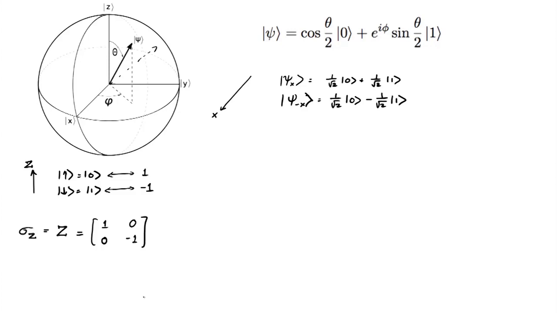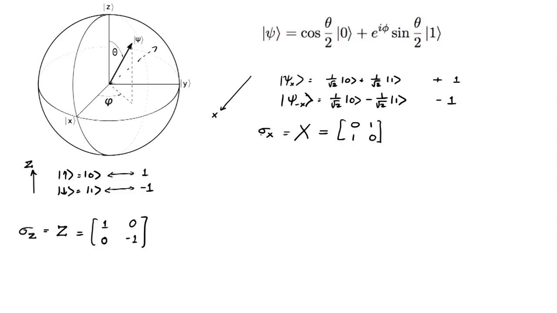And so we want to design an observable which has these as the eigenvectors with eigenvalue +1 and -1 respectively. Well, we've seen this before. It's the observable capital X, which was 0, 1, 1, 0. Again, the physics notation is to call this matrix sigma sub x.